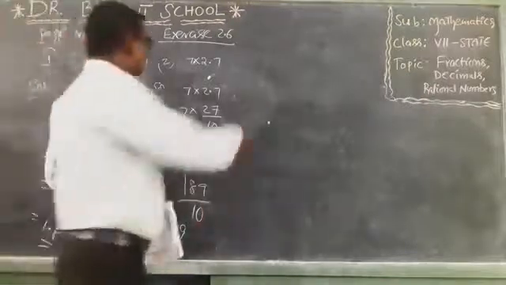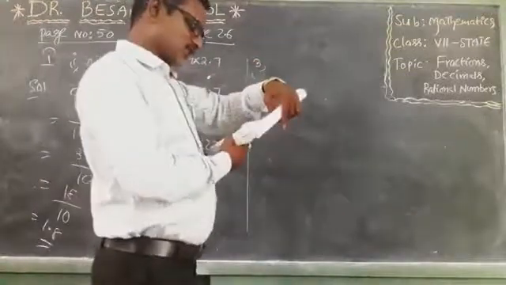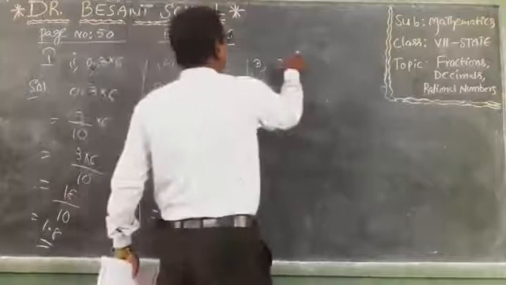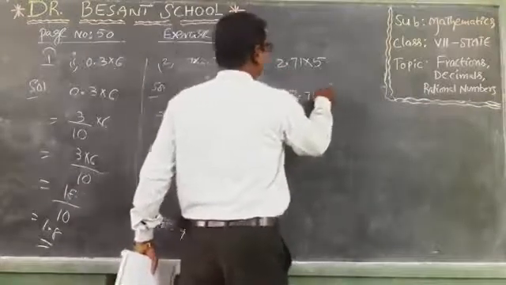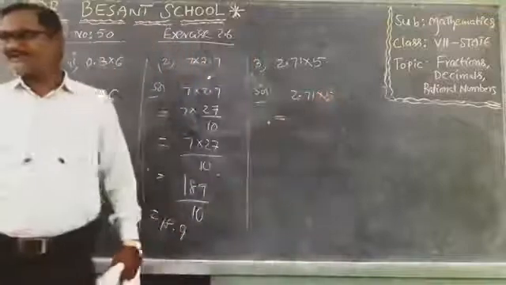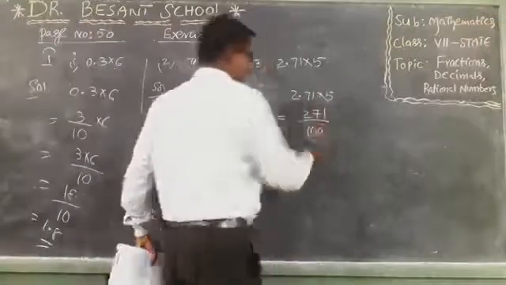Okay, children, so come to another problem from this Roman. This is 2.71 into 5. We will write 2.71 as 271 by 100. Why?